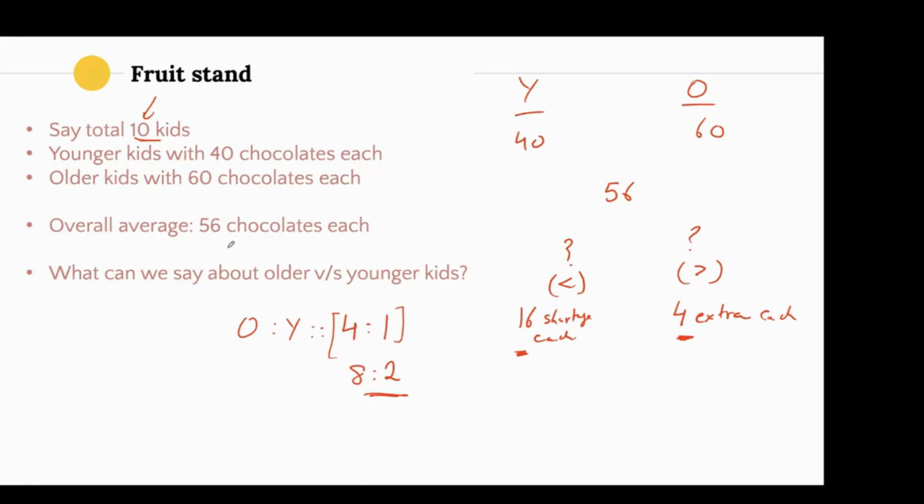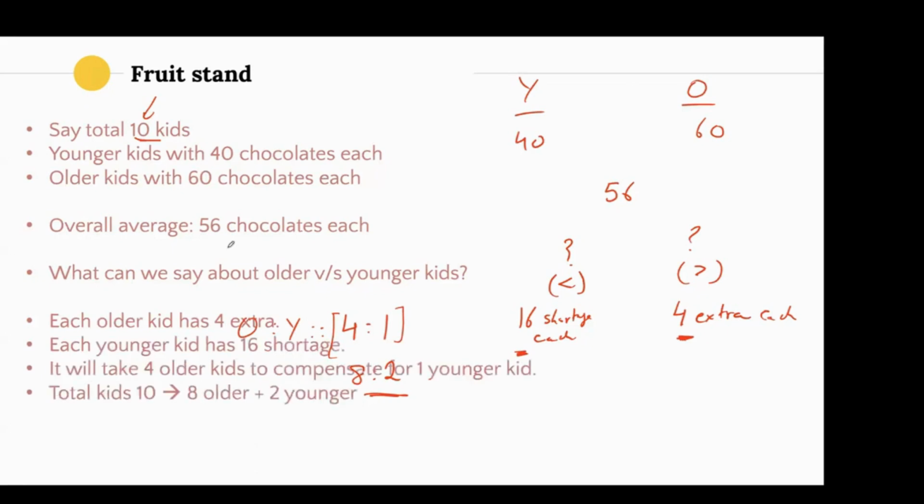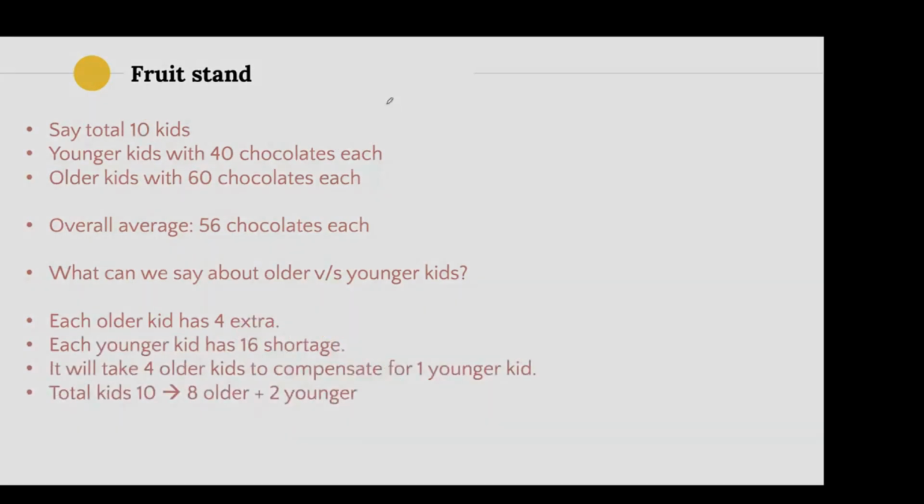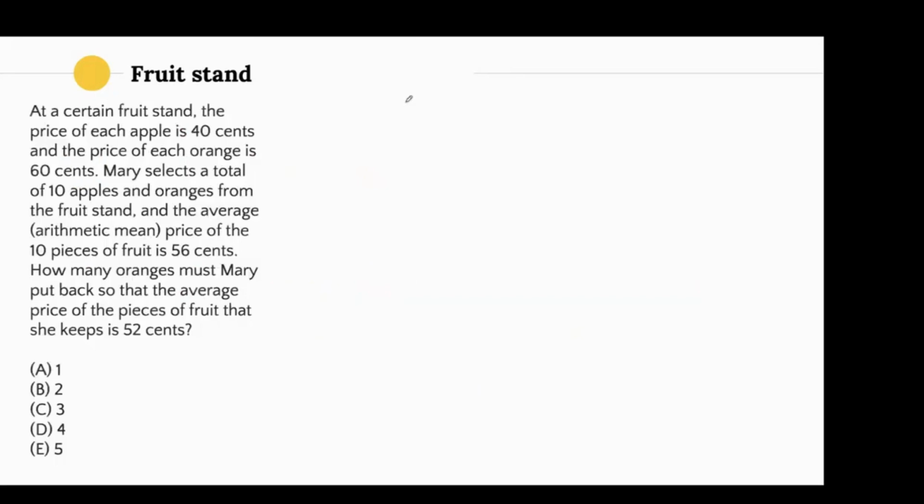Let's now, Harshan, together do the same thing in the original question. What changed here from kids and chocolates, now we're talking about prices and fruits. So there are apples, which are 40 cents each, and there are oranges, which are 60 cents each. Again, the overall average is 56. I don't know how many.